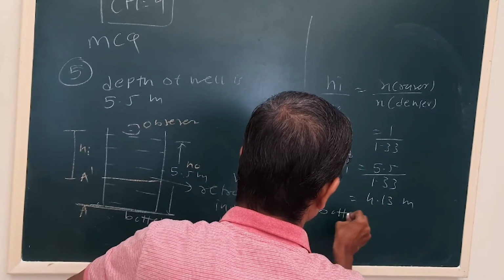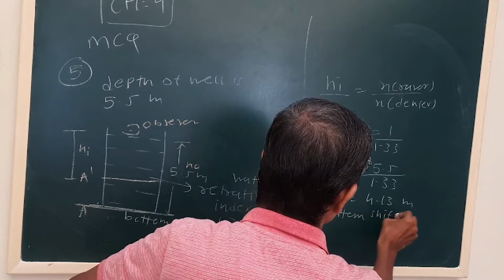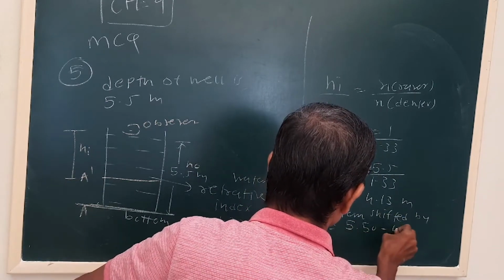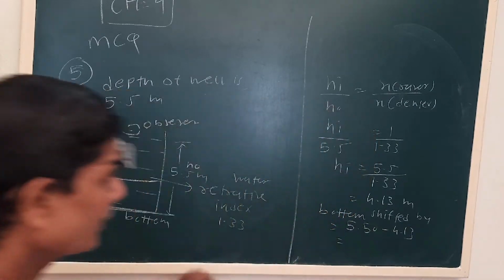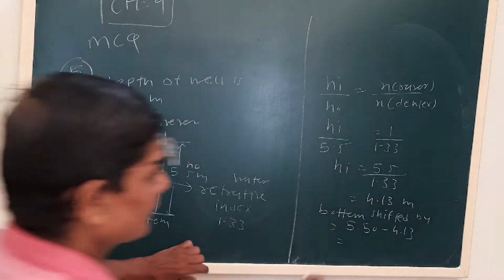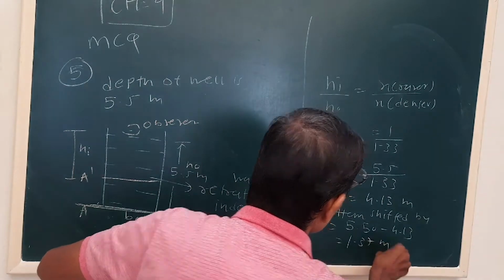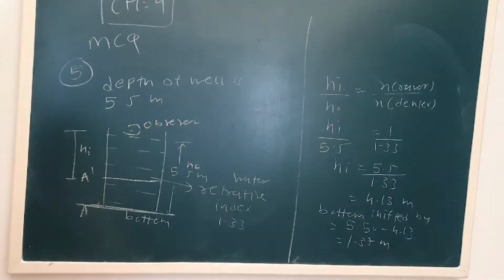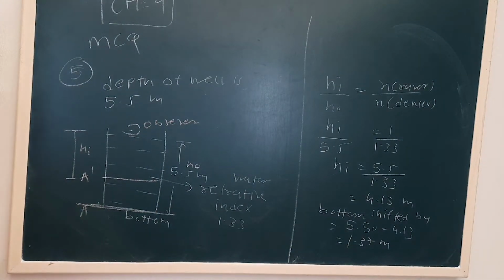So the bottom is shifted by 1.37. Because of refraction, when the observer observes, the bottom is shifted by 1.37 meter. Now see our next MCQ.